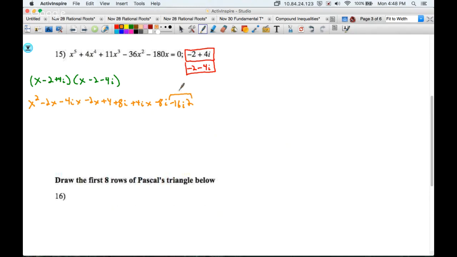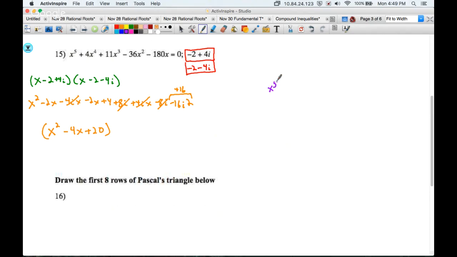This here is going to become a positive 16. This is going to cancel with this. This is going to cancel with this. All together it becomes x squared minus 4x plus 20. There's my quadratic factor.